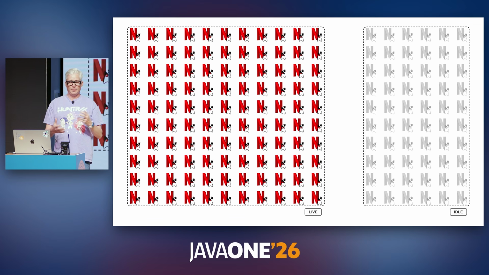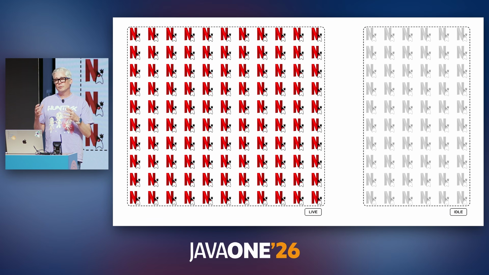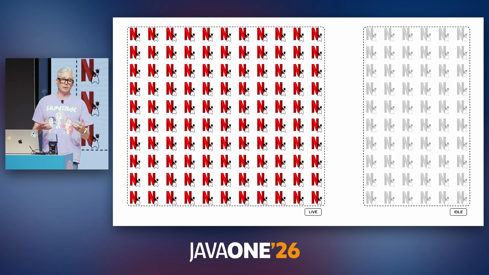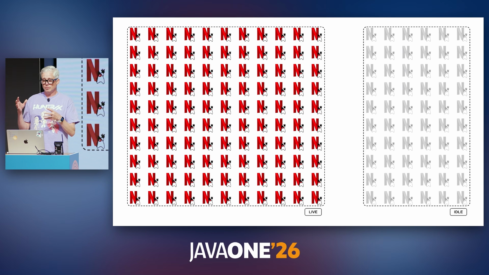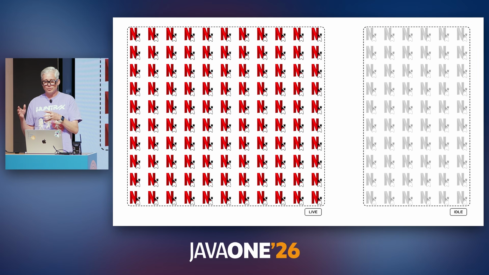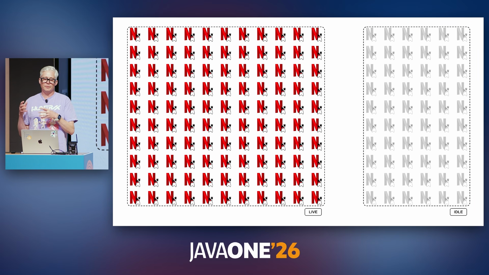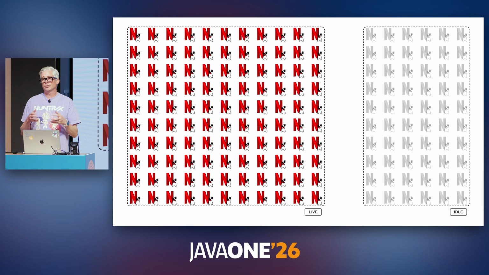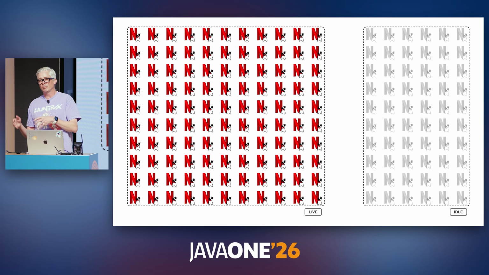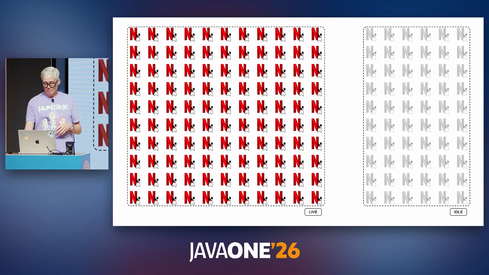So our answer to that is not exactly rocket science. It's pretty basic. For those services that are too slow in startup to actually auto-scale on demand, we maintain clusters of those instances, of those JVMs running those services, idle across every region that we operate in.